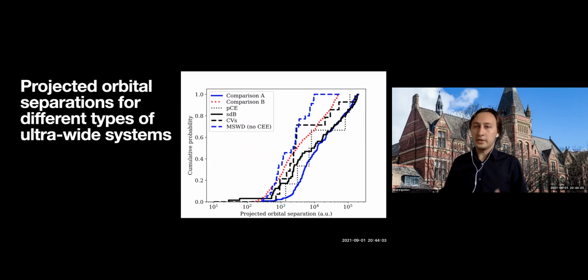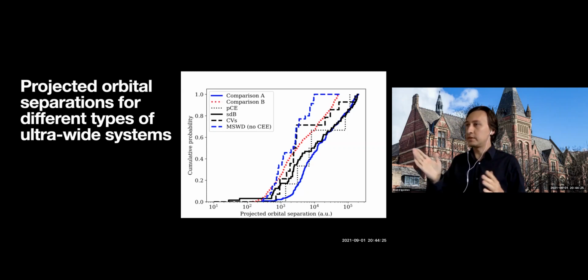Another thing which we can examine is the projected orbital separations of our ultra-wide companions for our comparison samples A, B, and for example, SDB stars. As you can see, this cumulative probability does not coincide with any of our comparison samples.